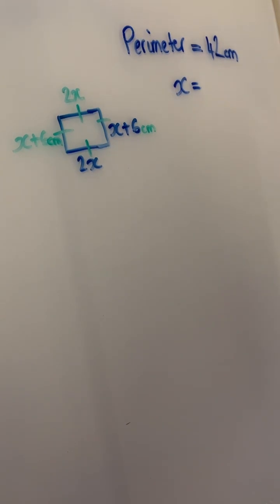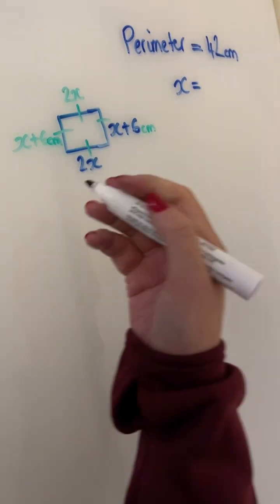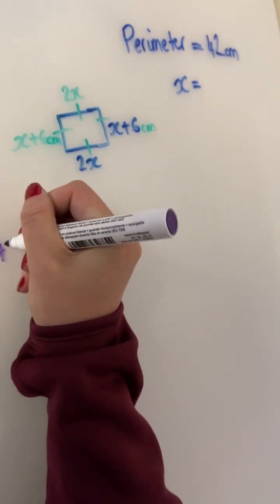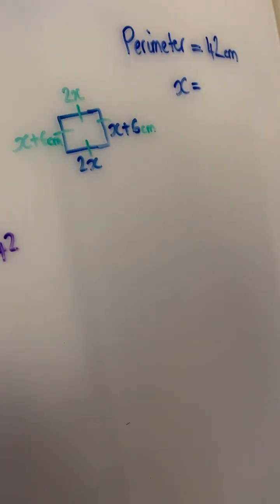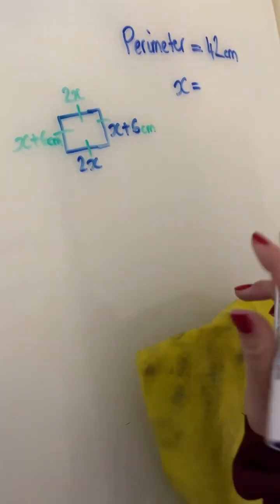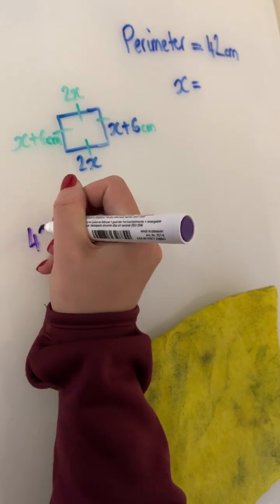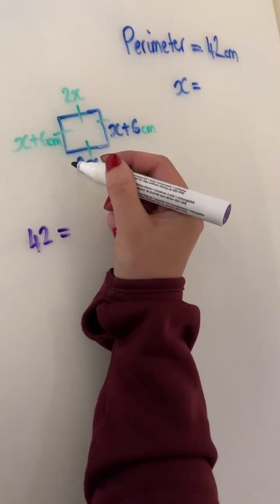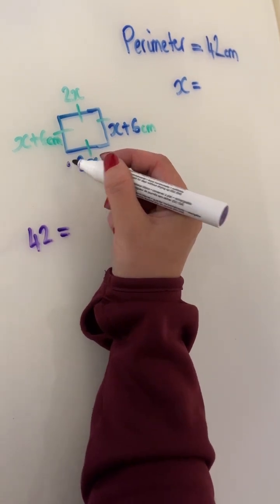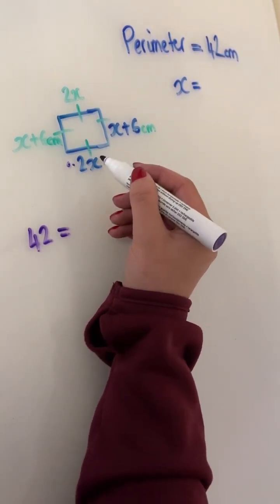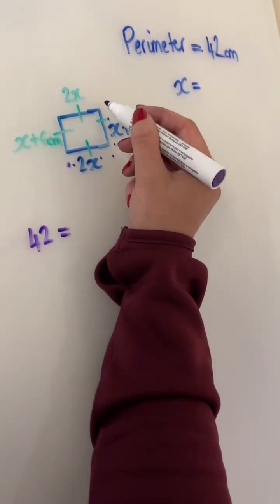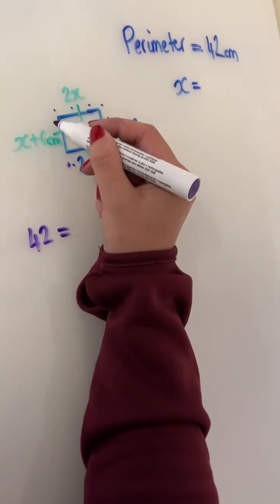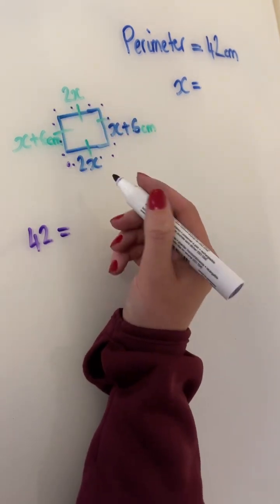So we know our perimeter equals 42. To work out the perimeter, remember you start in one corner or on one side, you go all the way across, up, and you just add up the lengths of the sides around the shape.